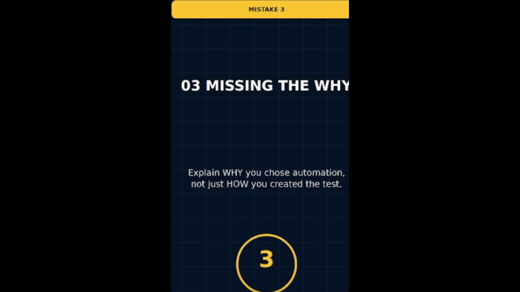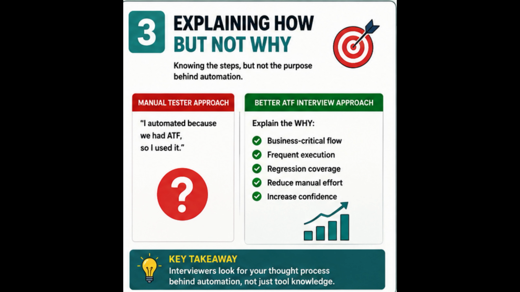Mistake number three, missing the why. Explain why you chose automation, not just how to create the test. The third mistake is probably one of the most important: knowing how to use ATF, but not knowing why you are using it.